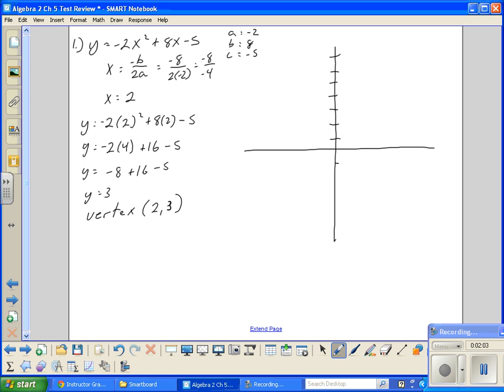So we can start by graphing our vertex point. So 2 on the x, up to 3 on the y. Starts us off there.